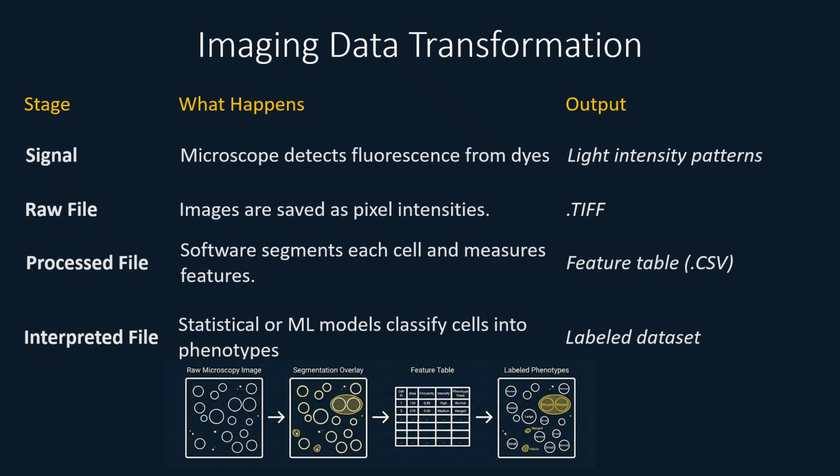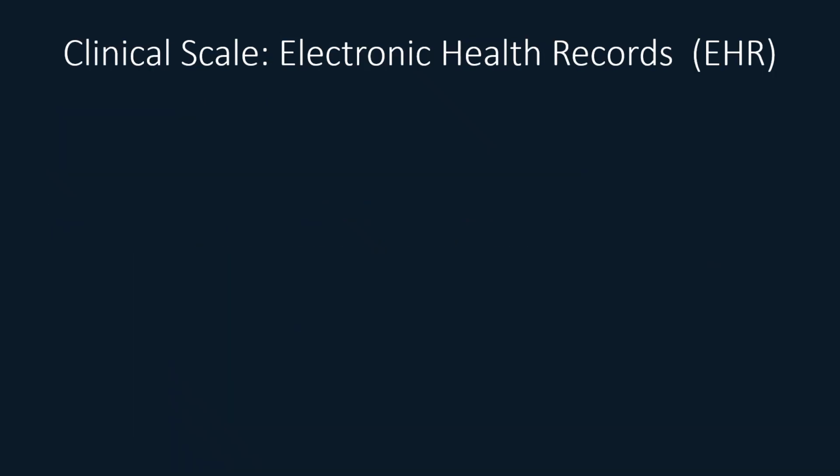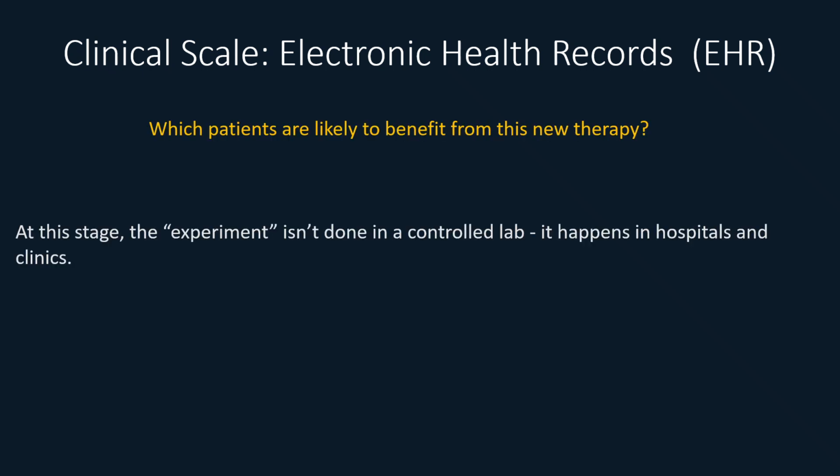Now let's take an electronic health records example. At the clinical scale, the question shifts from how a system behaves to which patients benefit and why. Unlike the lab, there is no controlled experiment here.